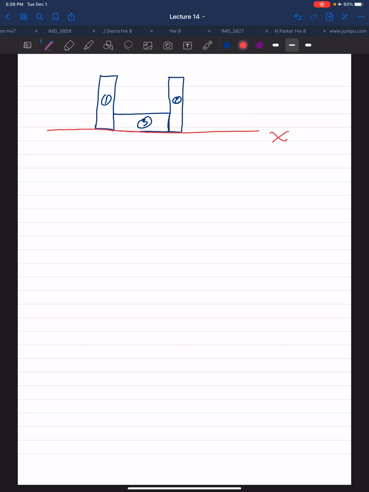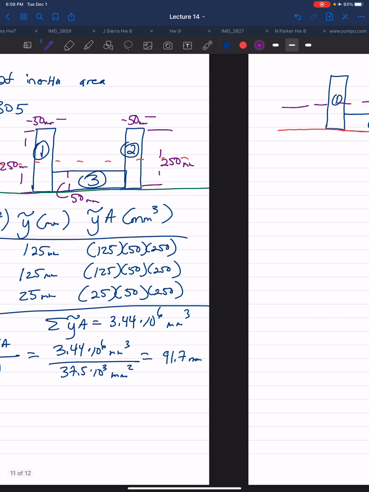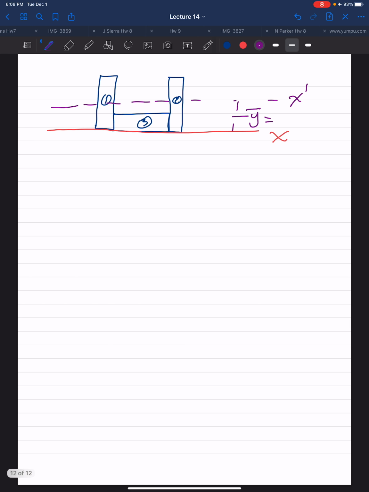This being our x-axis, and we calculated our y bar distance. So the location of our x prime axis, this distance here, is y bar, which we said was 91.7 millimeters.